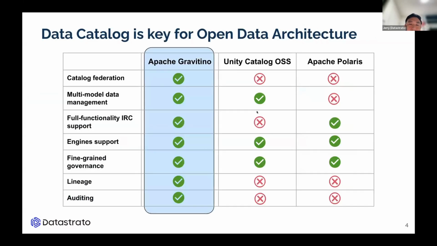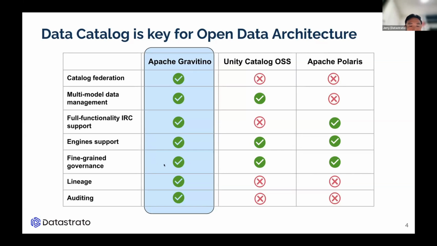Since its start, Gravitino has been developed for more than 2 years, and compared to other open source catalog projects, we have achieved a lot. For example, we support catalog federation and multimodal data management. We also have a built-in Iceberg-based catalog service with full functionality on Iceberg. We support most mainstream open source query engines like Spark, Trino, and Flink.